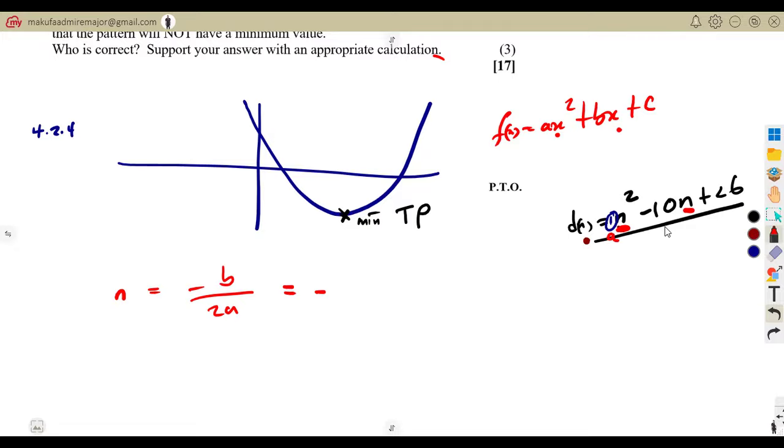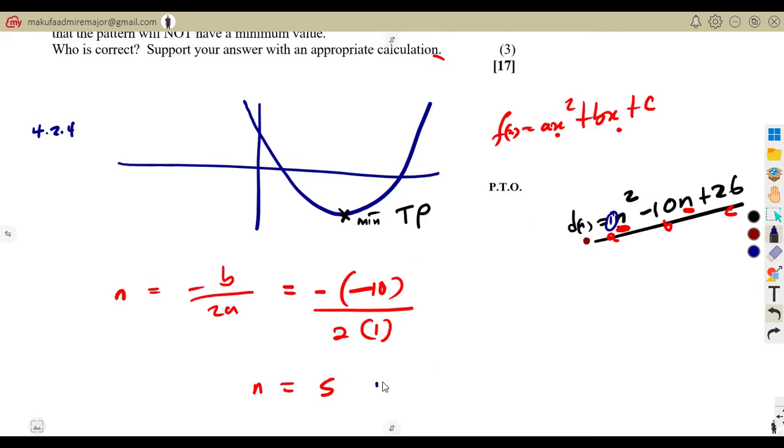This is our a, this is our b, this is our c. Our b is minus 10, over 2 times a, which is 1. So that was going to give us negative, negative, which is a positive. That's a 5. So as we can see, our n is equal to 5.